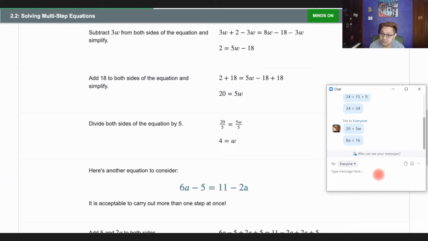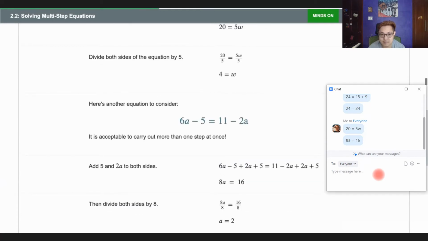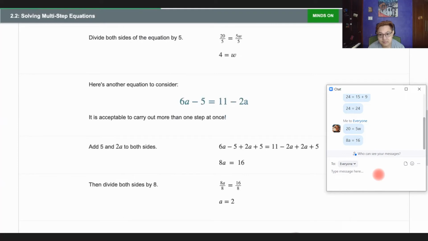Sure, so you have a equal to 2. And then you take the 8 and move it down, and 16 divided by 8 is equal to 2, so a is equal to 2.